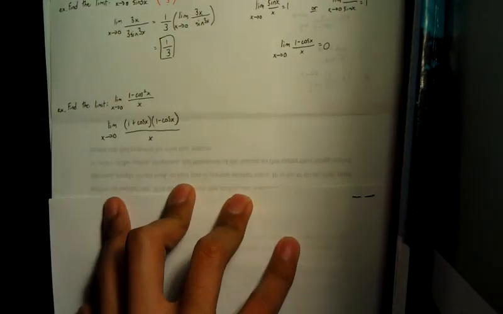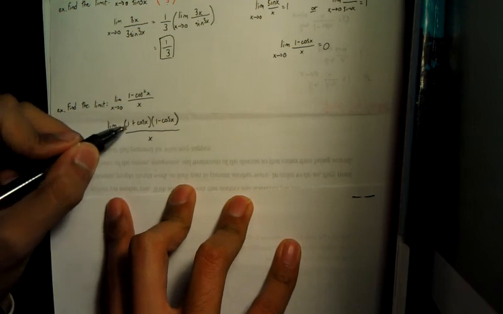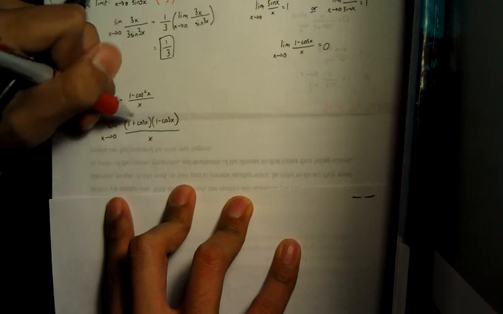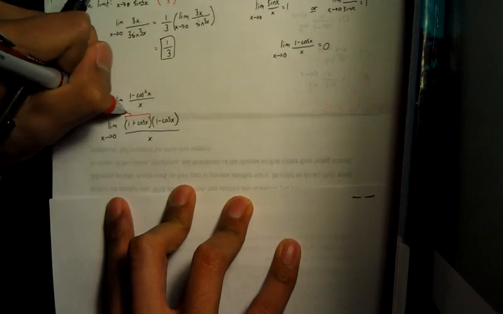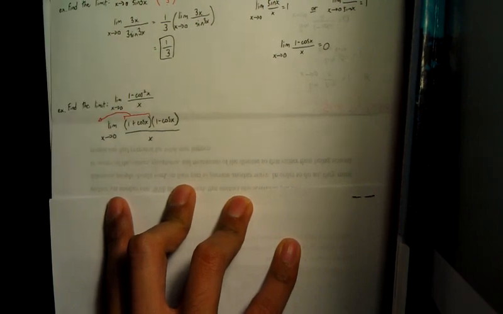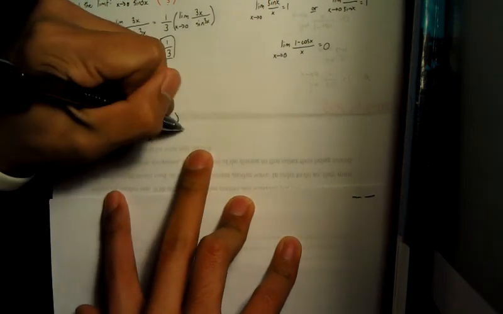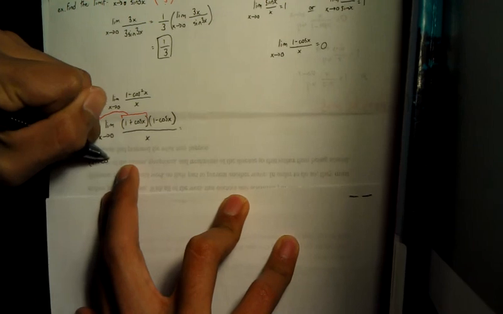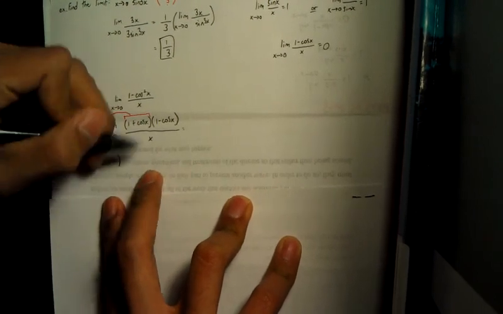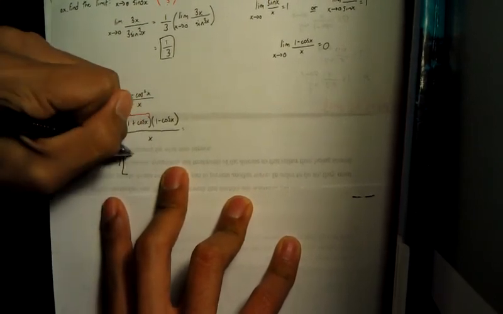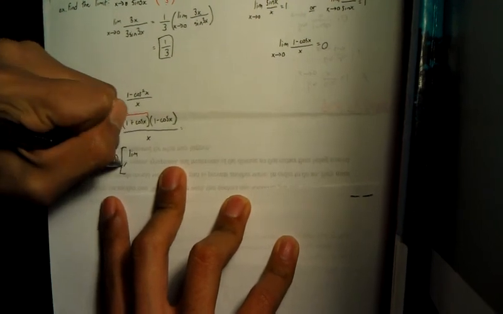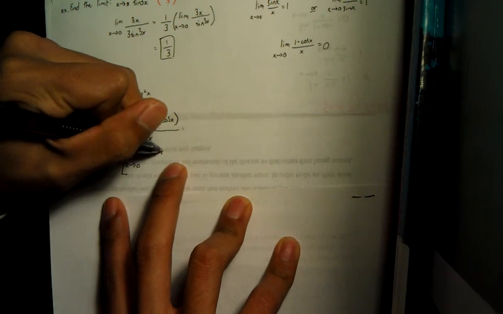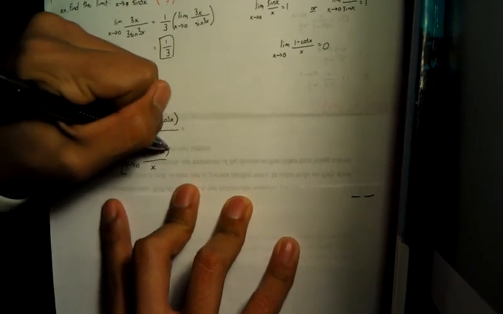All over x. Because of the scalar multiple rule, you can pull out this section right here to the front so that you get 1 plus cosine x times the limit as x approaches 0 of 1 minus cosine x over x.